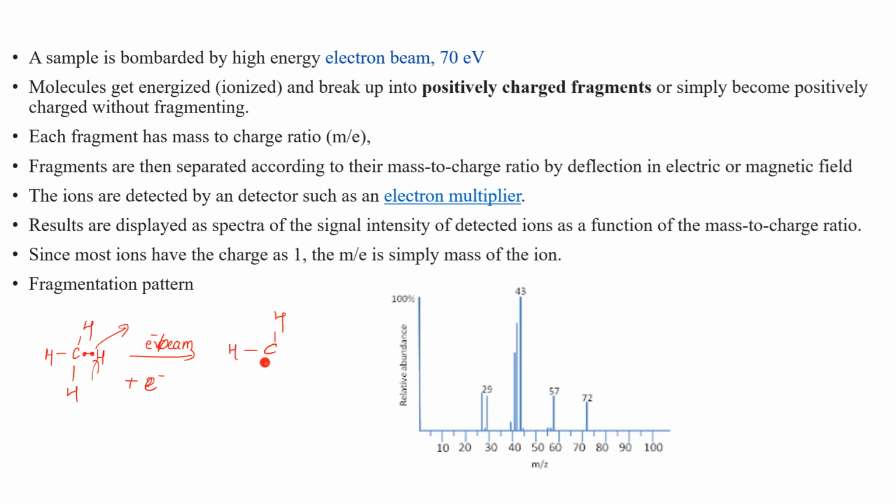Here one of the electrons is removed, so this type of radical cation is produced. Here you have a cation, a positive charge, and radical also. This is called a radical cation.